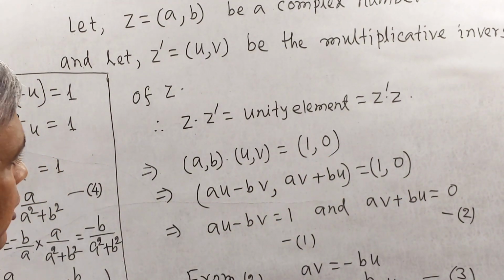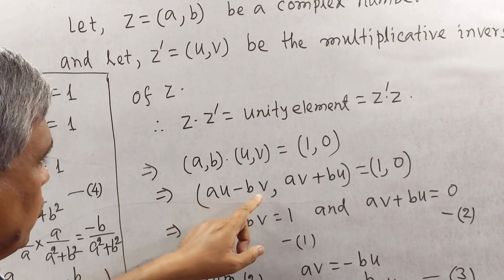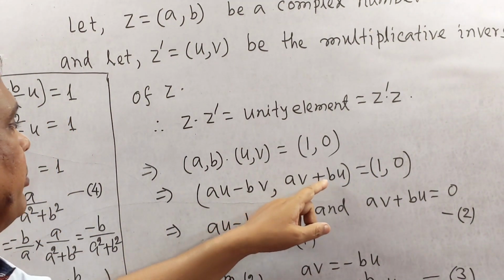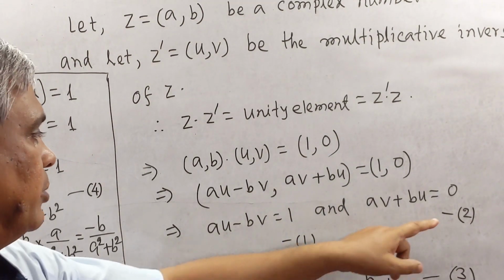Now equality of two ordered pairs: AU minus BV equals 1 and AV plus BU equals 0. Here are number 1 and number 2.